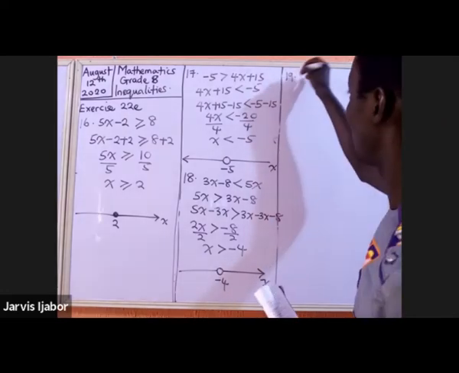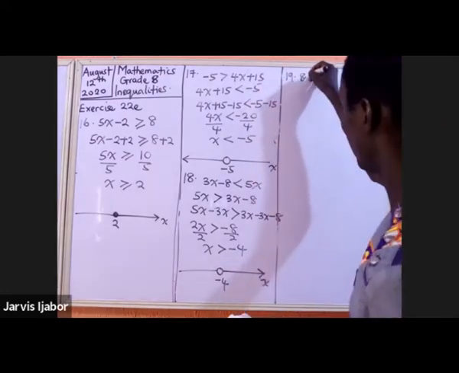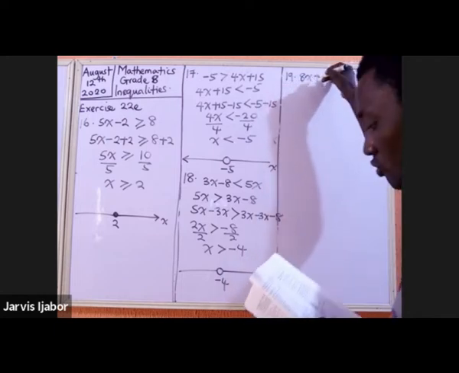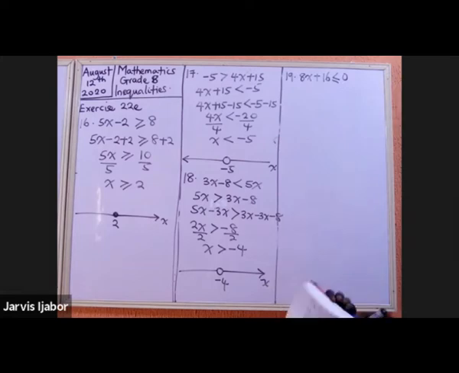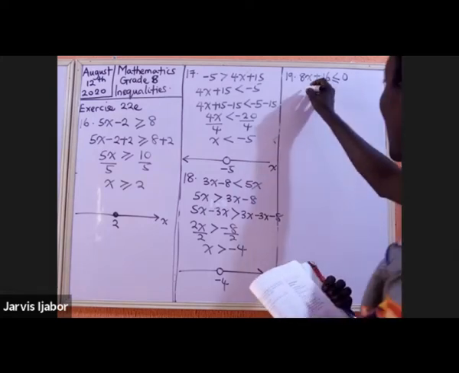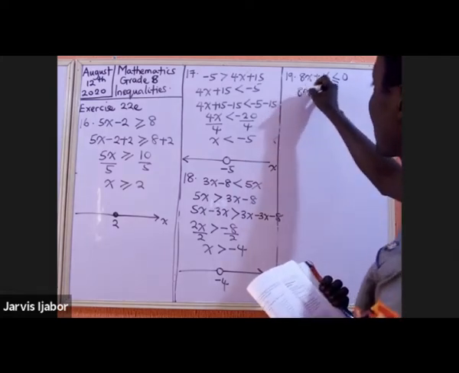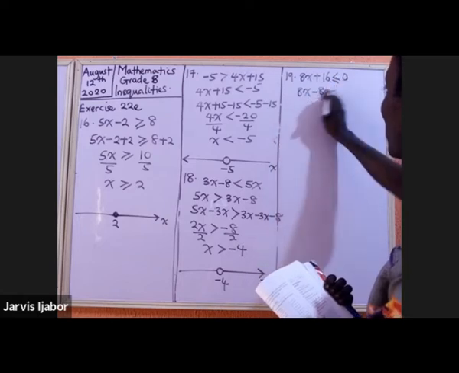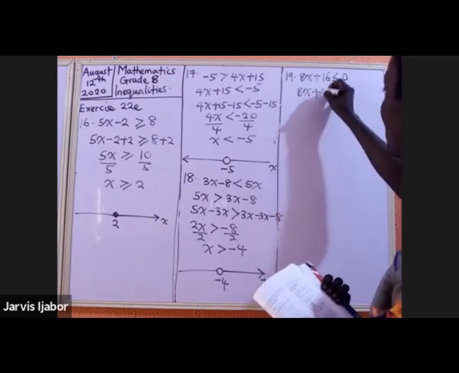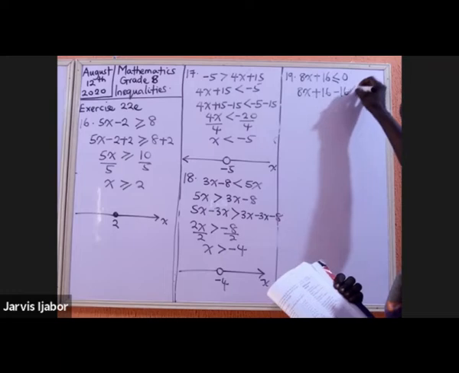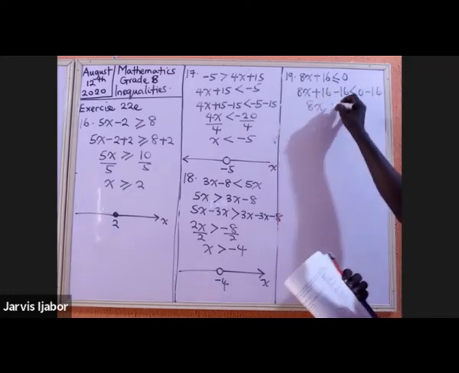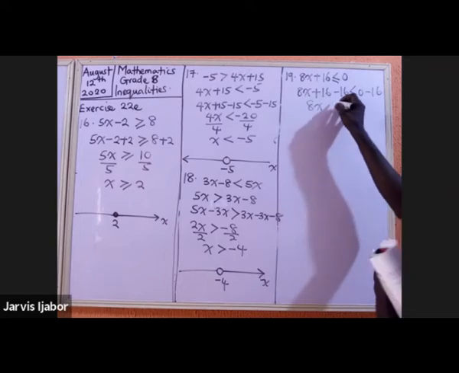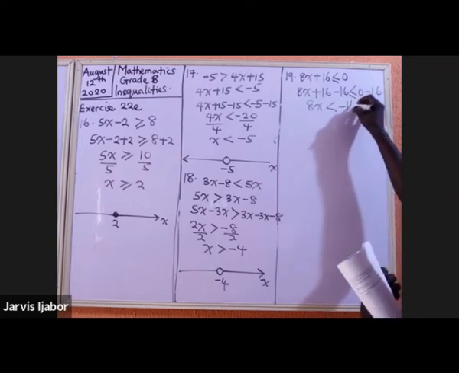19. 8x plus 16 is less than or equal to 0. So that will mean that 8x plus 16 minus 16 is less than or equal to 0 minus 16. So that will mean 8x will be less than or equal to -16.